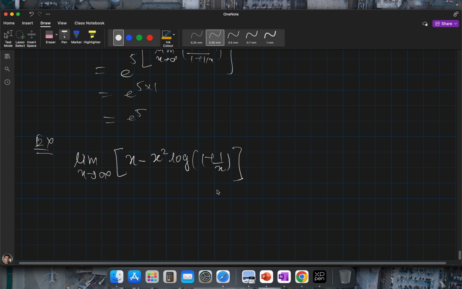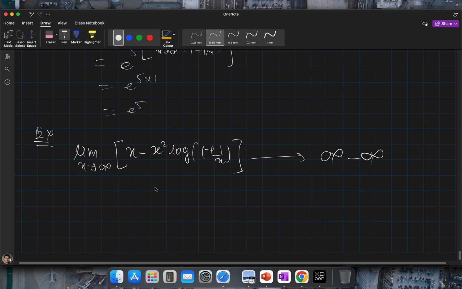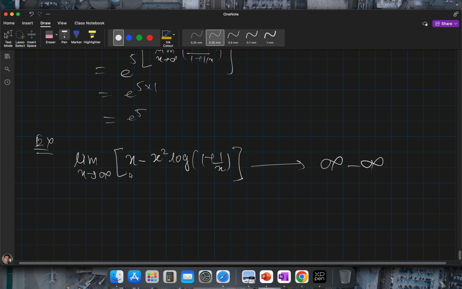You can see that this is also an indeterminate form, and that is infinity minus infinity. When you substitute the limit, it will become infinity, this will become infinity, and 1 by infinity will become 0, so log 1 will become 0. So again this form is infinity by infinity. But the thing is, you cannot apply L'Hospital rule here.